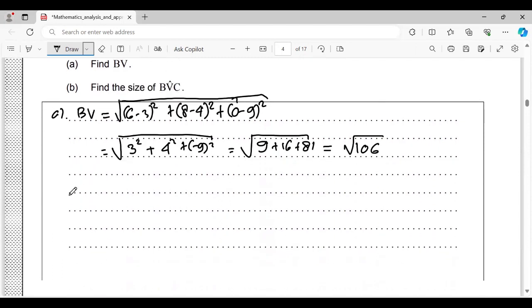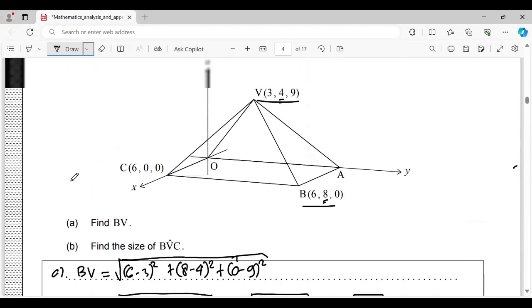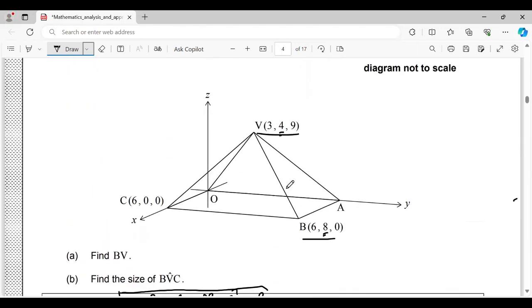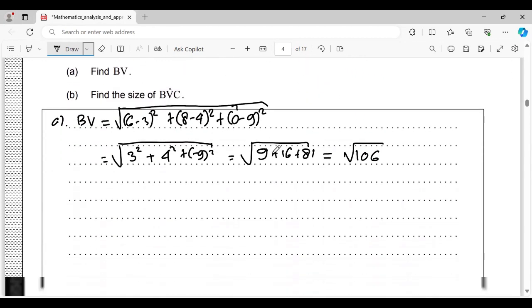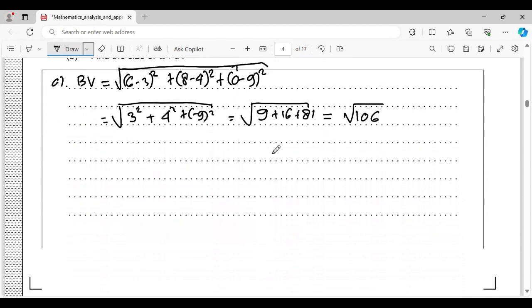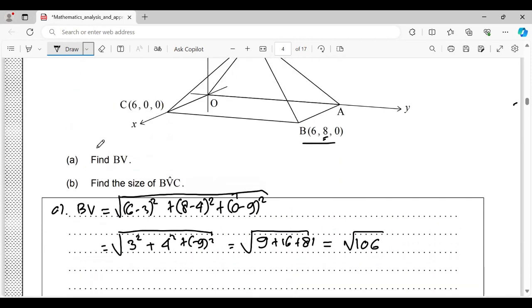Next, find the size of angle BVC. Angle BVC, this angle. I'm going to apply the cosine rule. So we have to find CB first.